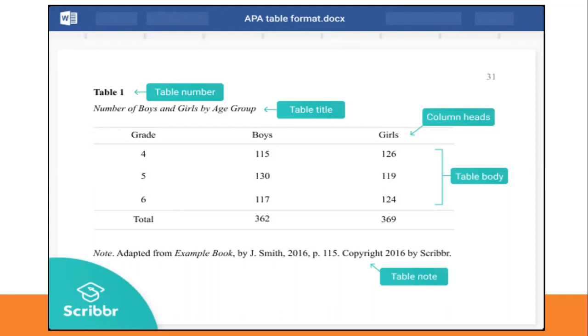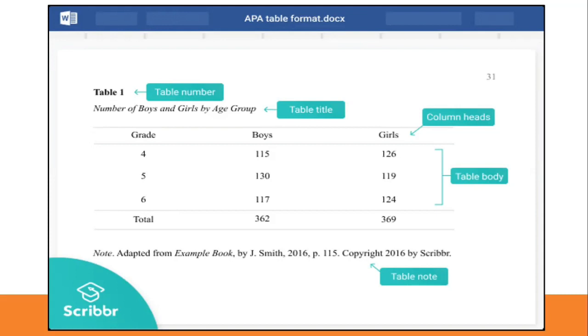And right below your table number, you can see there your table title, okay? Like I said earlier, your table title should be brief and it should be in italics and title case, okay? So below the table number is where you can find your table title.